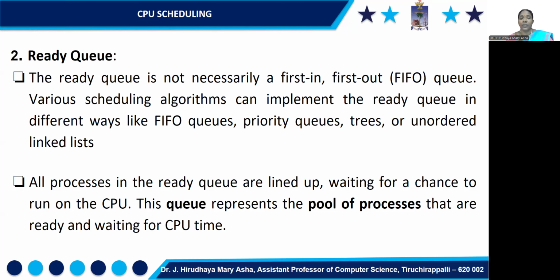That means the job or process which arrives first getting the CPU is not necessary. It may be in a wait state. Based on the resources it has, we may give the attention of the CPU. All processes in the ready queue are lined up, waiting for their chance to run on the CPU. Otherwise, the jobs must be kept in a queue. The queue is otherwise called a pool of processes.